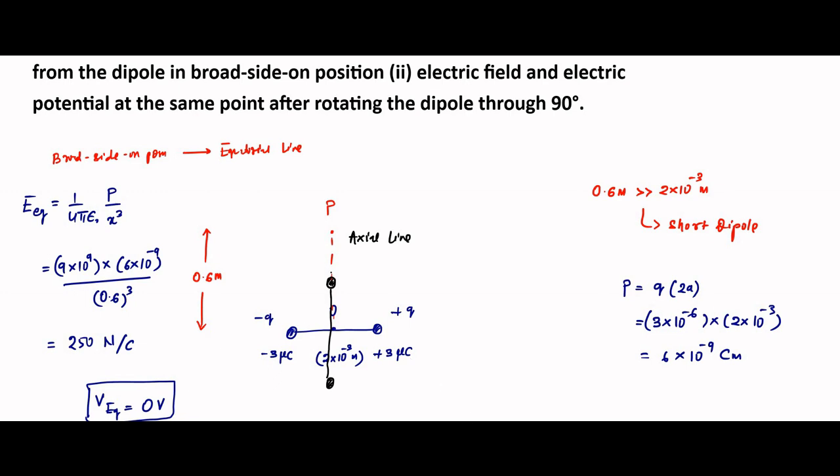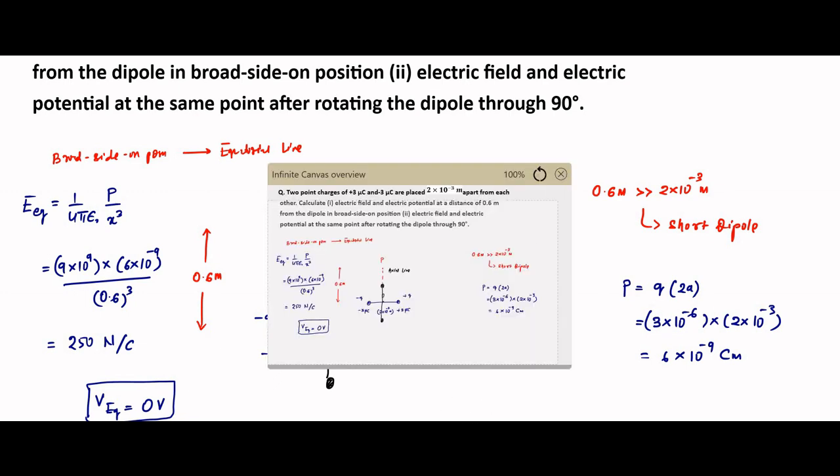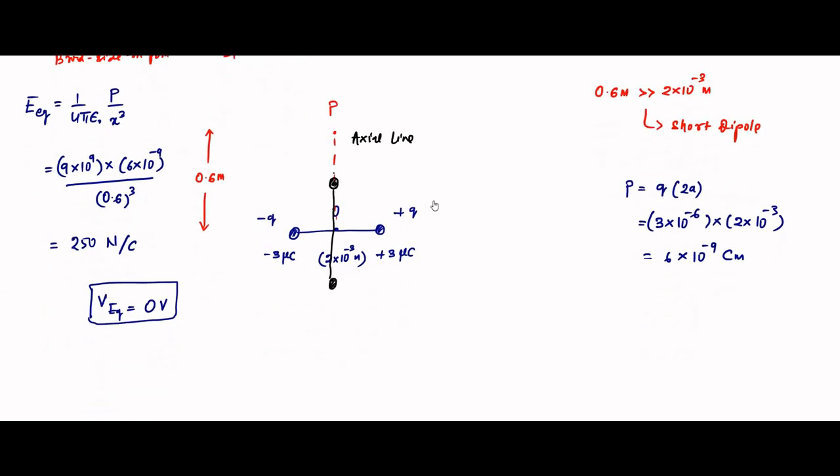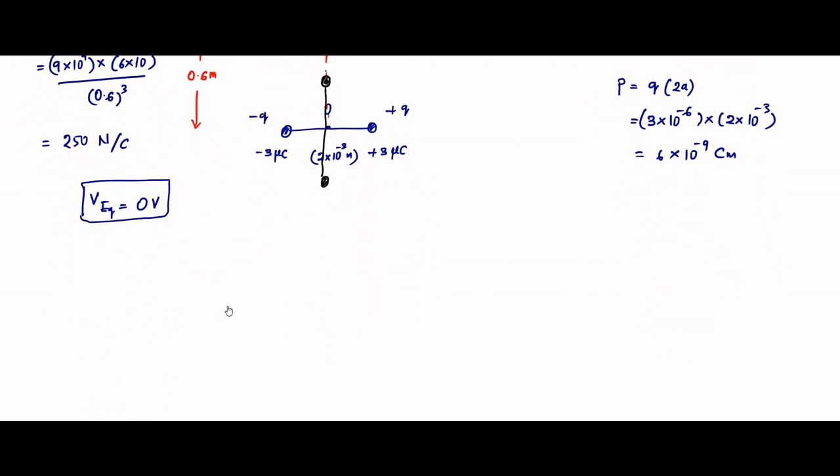In this case, first we have to calculate the electric field. The electric field along the axial line is equal to 1 by 4 pi epsilon 0 into 2p by x cube, which is equal to 2 into 1 by 4 pi epsilon 0 p by x cube.